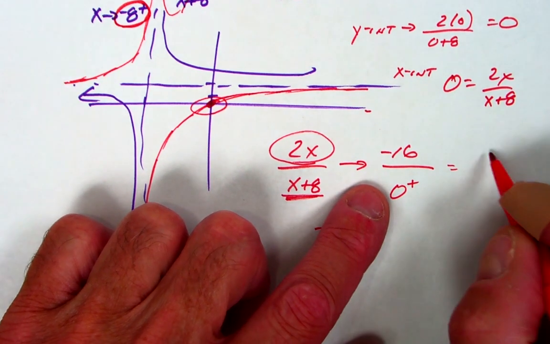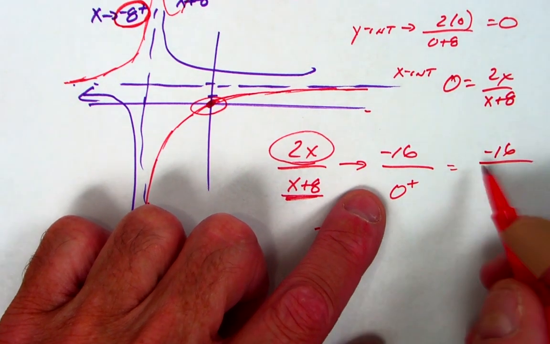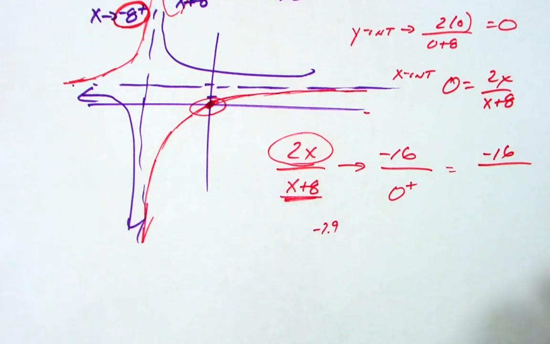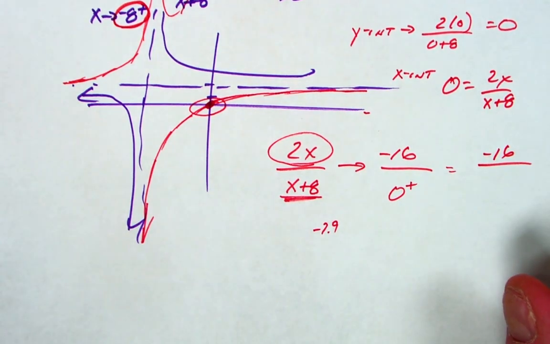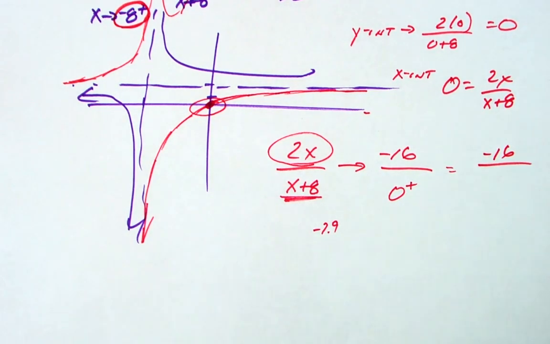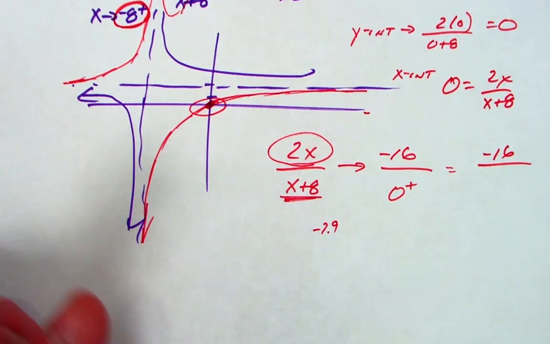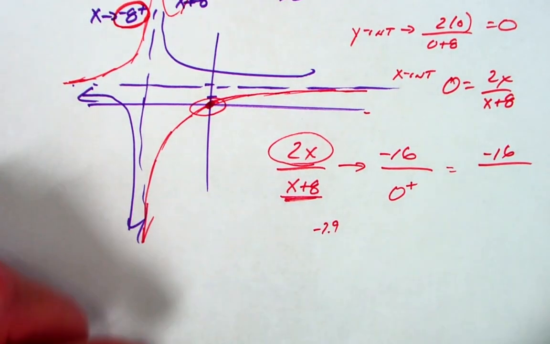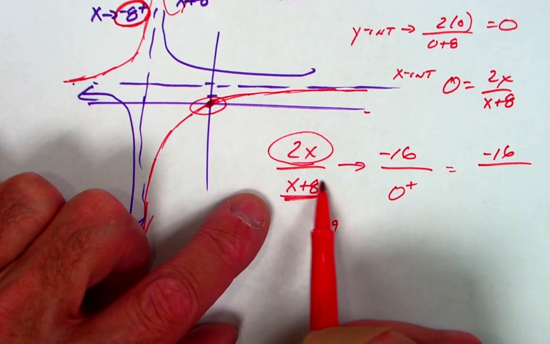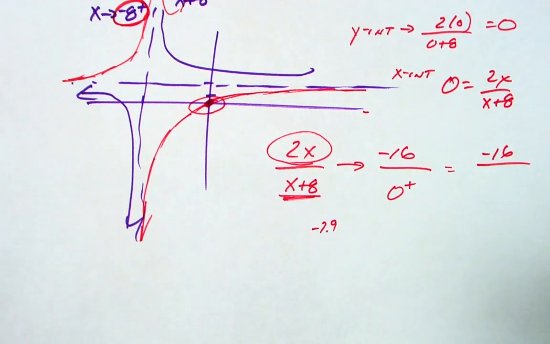Because I might have negative 16 divided by 0.000001, and that's going to give me negative 16,000 or whatever the case may be, which is going to be getting closer to negative infinity. So here's my point. We could just look and see the behavior of this. Is it going to be positive? Is it going to be negative? And in the top, is it going to be positive or negative? And see what's going to happen.